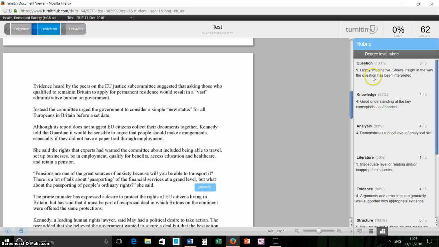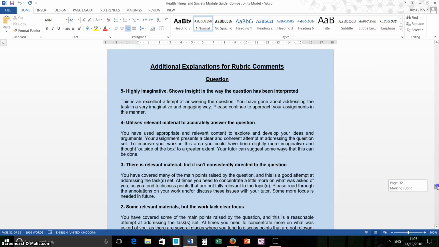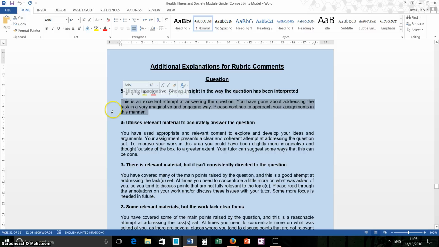So here you've got question. So if we just look here, so here we have a page on the question category that gives you additional information. So in this case I marked myself as 5. That's what you'd see on the rubric on Turnitin, and here's some additional information that explains it more.